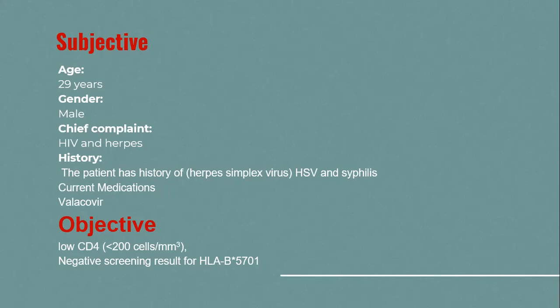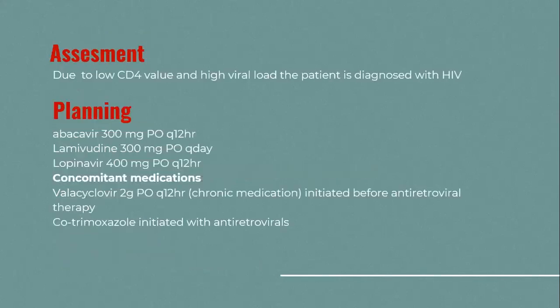Now, the plan for the patient includes Abacavir 300 mg per oral every 12 hours, lamivudine 300 mg per oral every day, and lopinavir 400 mg per oral every 12 hours.